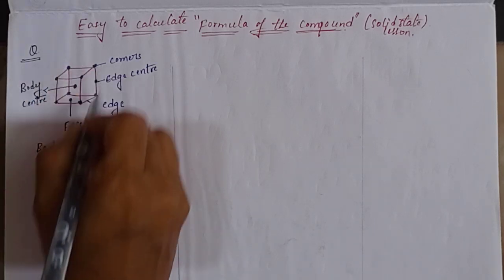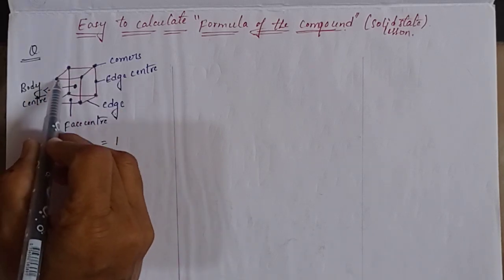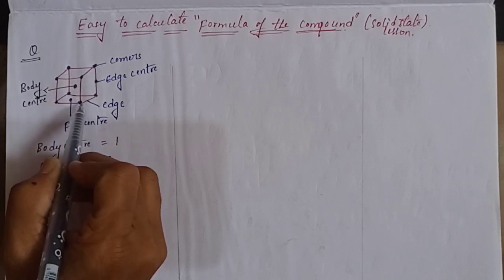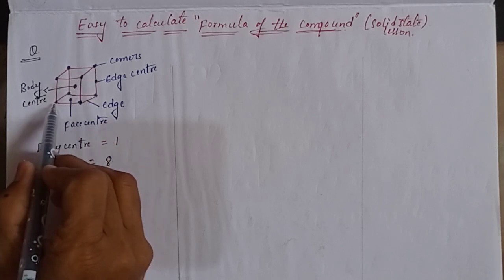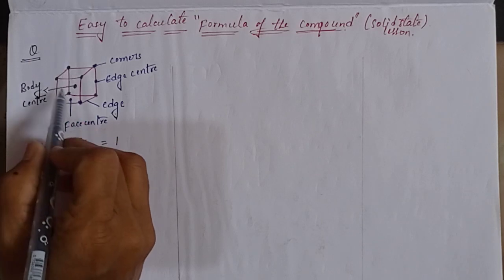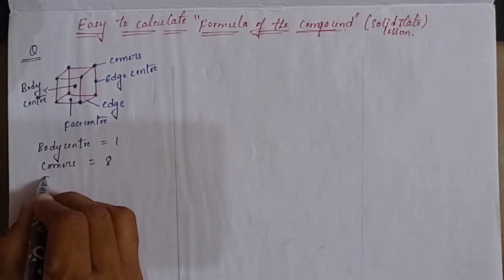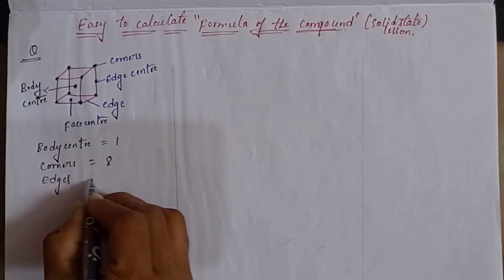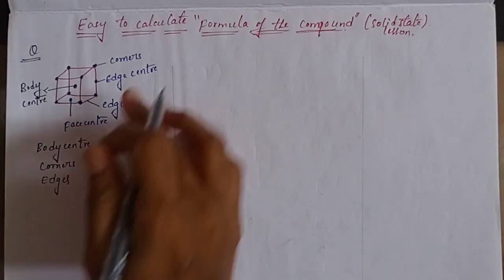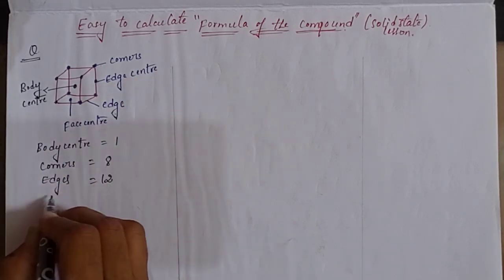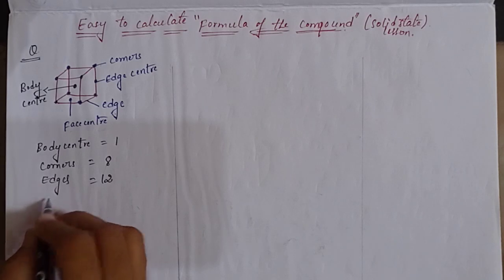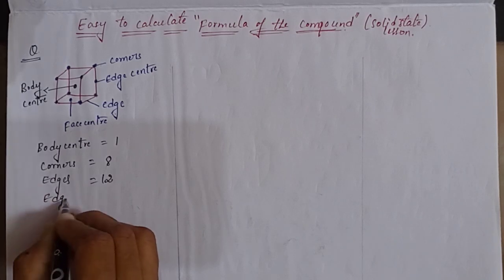And how many edges will be there? 1 2 3 4 5 6 7 8 9 10 11 12, correct? Total 12 edges will be there, students. So edge centers also the same, 12 edge centers will be there.